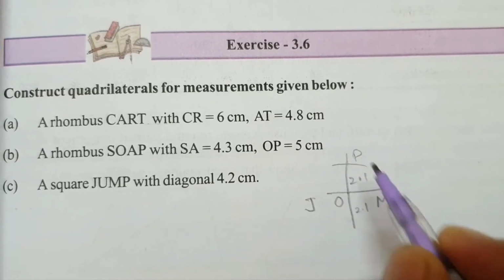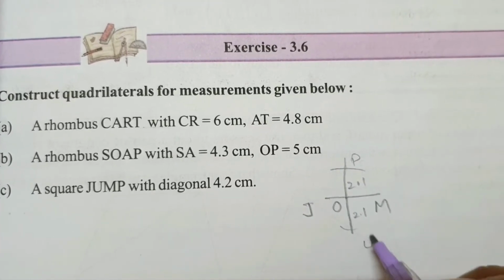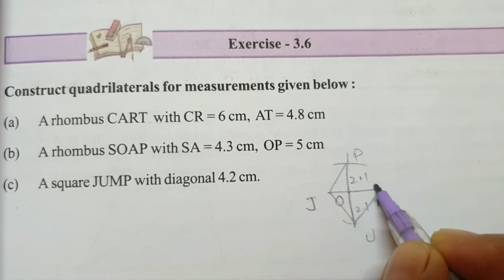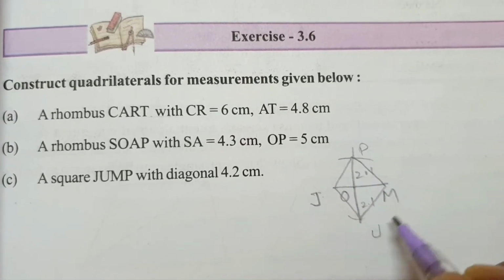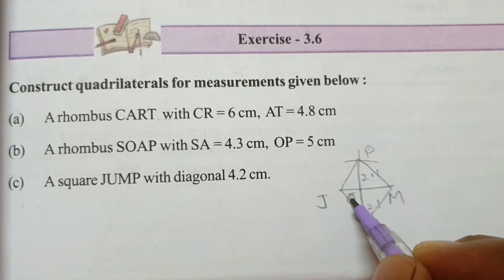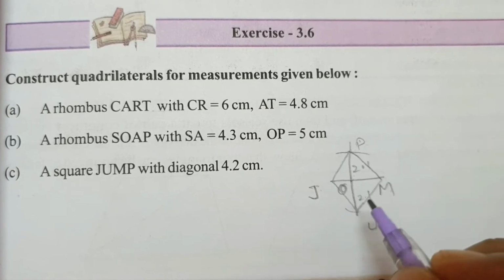This point is P, this point is U. Join JUMP, with 2.1 and 2.1 meeting at the intersection point O. See this construction.